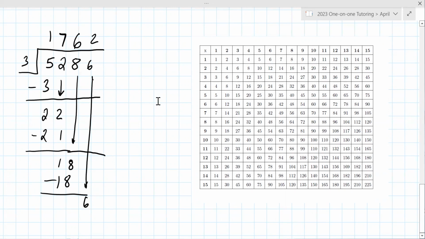Isn't that it, or do we have more? Well, what did you do with the 1 and the 3? We multiplied it. Okay, how about the 7 and the 3? We multiplied it. 6 and the 3? Multiplied it. Do you see a pattern? Yeah, we just kept multiplying. So 2 and the 3 you're going to multiply and then subtract. Oops.